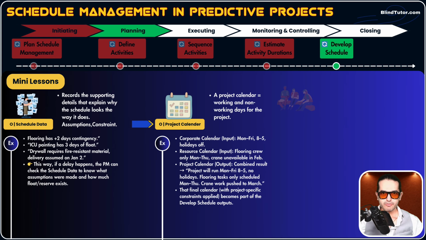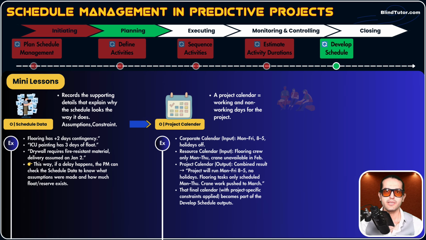Now, the third type of calendar is the output of this process, which is called project calendar. Project calendar merges, integrates, or mixes those two previous calendars, guys: corporate calendar and resource calendar. For example, our corporate calendar says, hey, Monday to Friday, 8 a.m. to 5 p.m., and holidays are off.